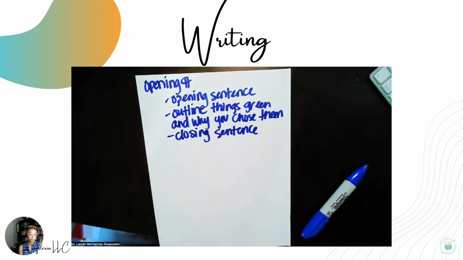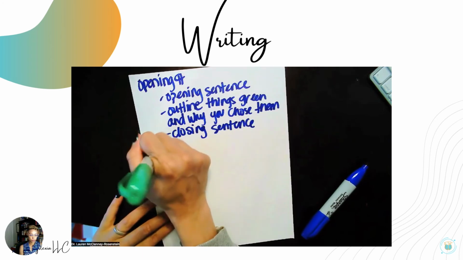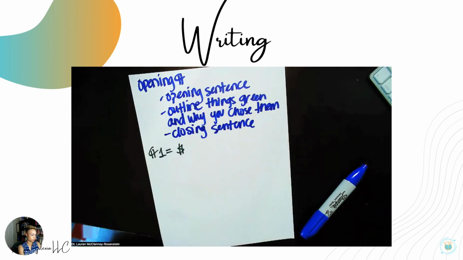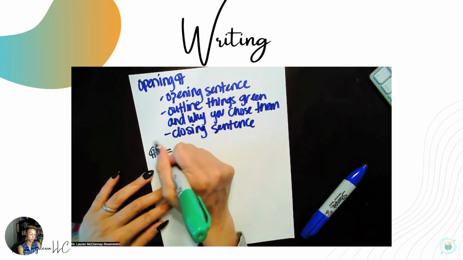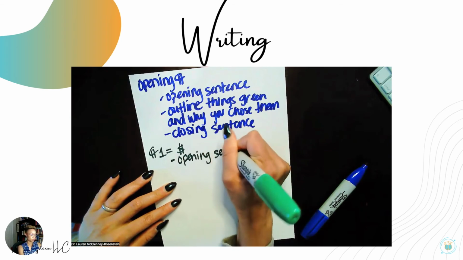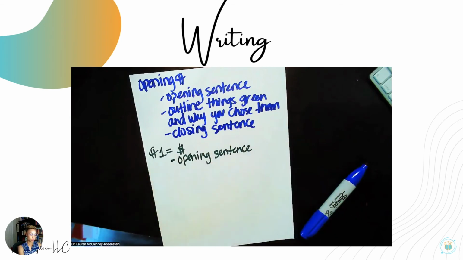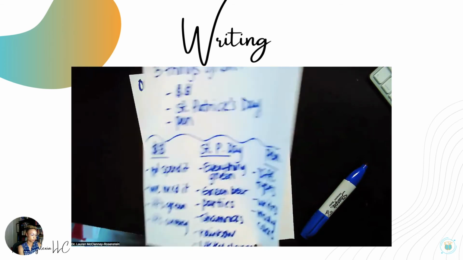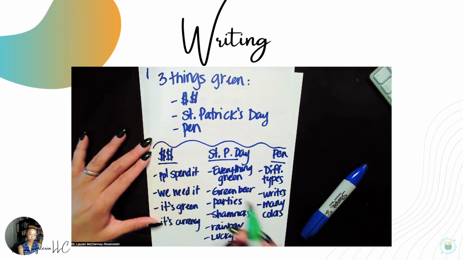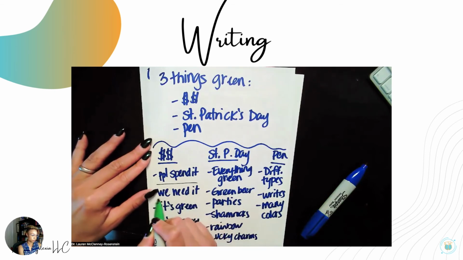Okay, then you would have paragraph 1. This one's about money, right? So you would have an opening sentence, and then this is where you go back here and we choose 3 details. So maybe we say people spend it, you need it, it's currency.